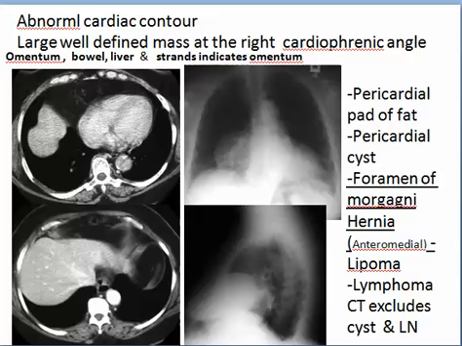Abnormal cardiac contour. Large, well-defined masses at the right cardiophrenic region could be omentum, bowel, liver, strands, or fibrofatty tissue.